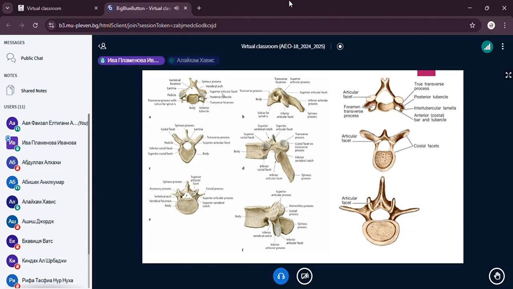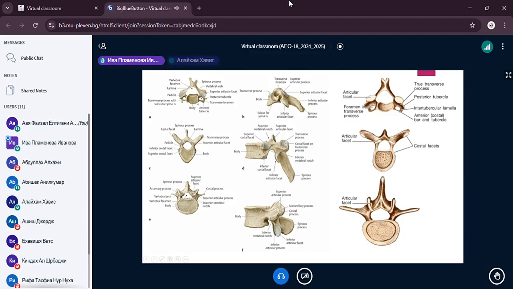Perfect. Why? Because the spinous process is not pointing downwards. You can also say that here we have a body and a spinous process. That's why it's not C1, because C1 doesn't have a spinous process. And it is not C2 because it doesn't have the dens axis, right? Yes.